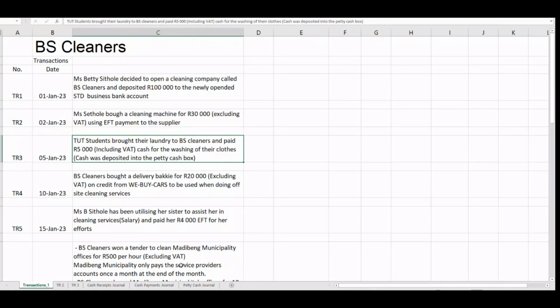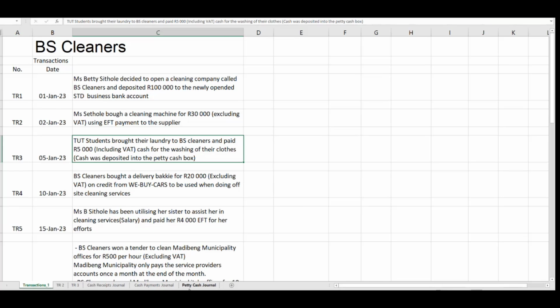I know in practice there is another layer which we're not talking about here, but let's just assume that we receive the money and it goes straight to them. So this one, because it's specifically stated that it goes to the petty cash box, will go to the petty cash journal at the bottom.